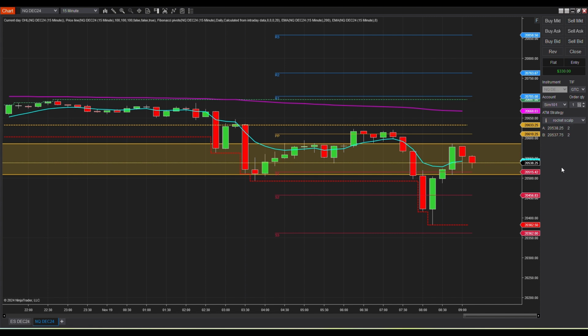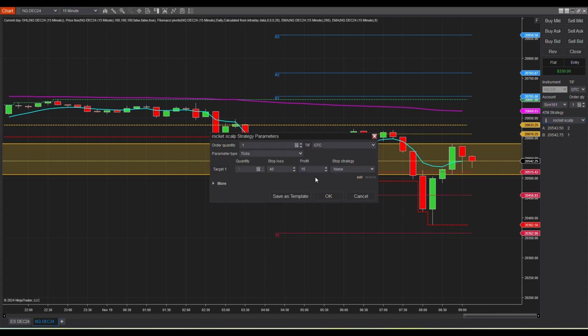It's 9:03. So when it does this, I like to use the 15 tick take profit because I'm in and out of these trades, not holding it long, especially if it's in a range. We're not making any moves yet.